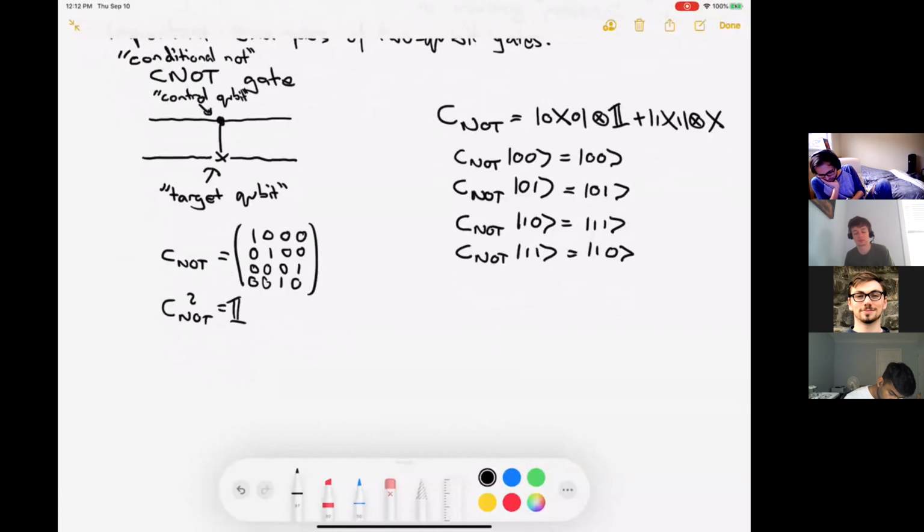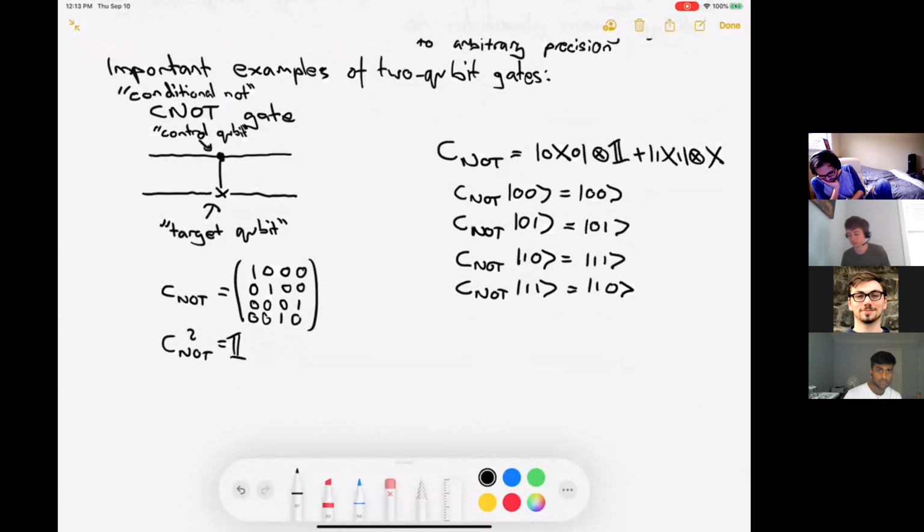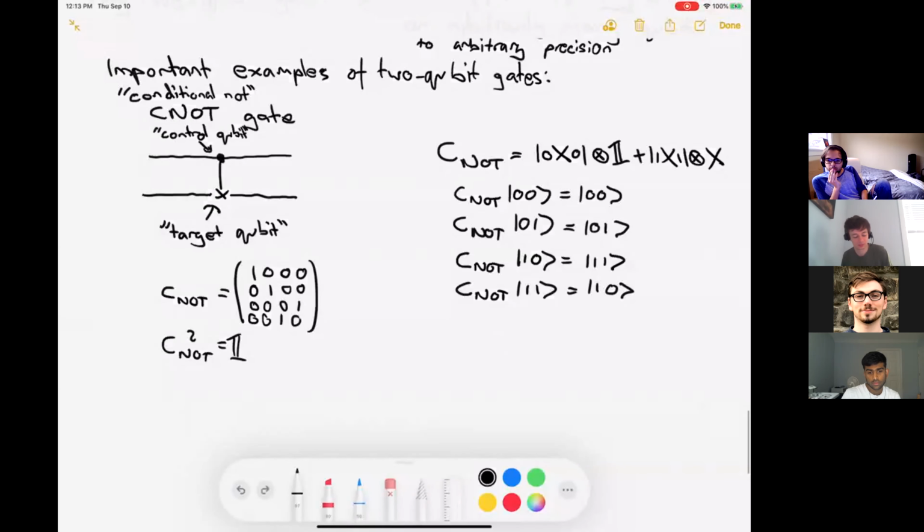In particular, if I start with a product state and apply CNOT to, say, plus tensor 0, this is 0, 0, which goes to 0, 0, plus 1, 0, which goes to 1, 1.